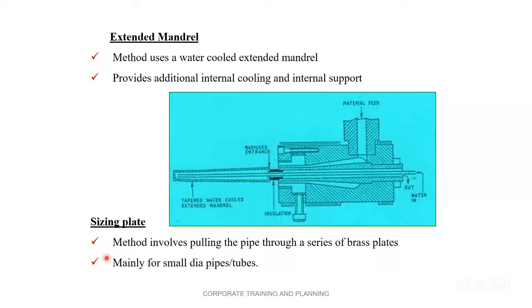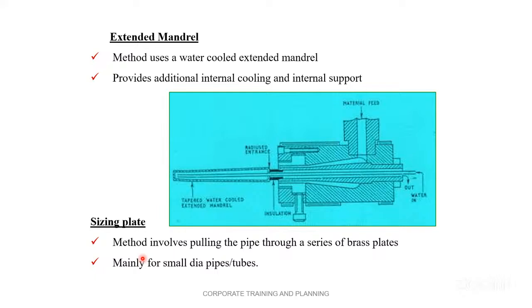Now, the sizing plate method. The sizing plate method is used for a collapsible pipe or maybe a bigger pipe, big diameter. We cannot use this method for those, because small tubing or small pipes we can manufacture by this sizing plate.